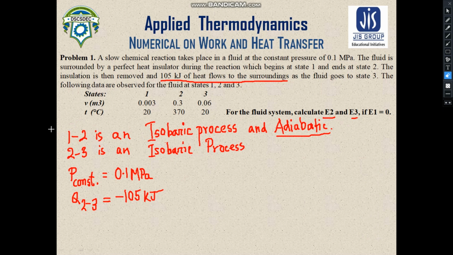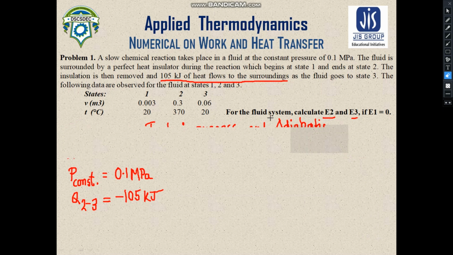That is quite easy to understand. So let us apply the first law of thermodynamics for the process 1 to 2. So it will be Q1 to 2 equal to... I am writing dE here so that it is easily understandable to you.